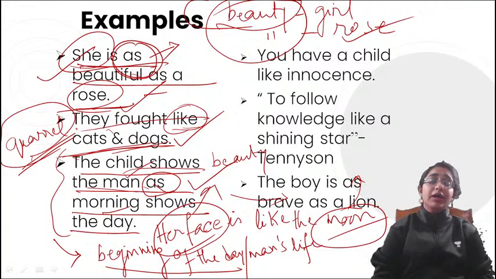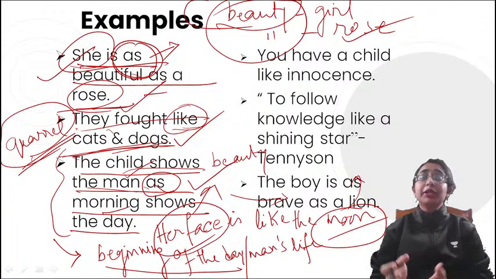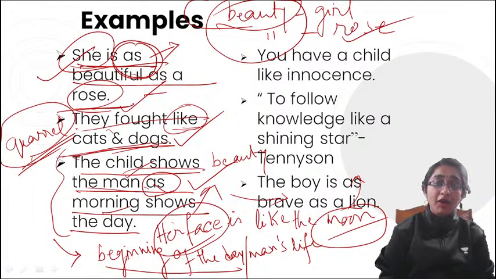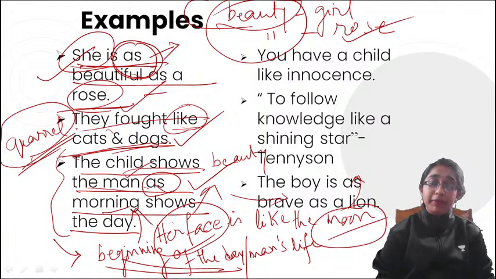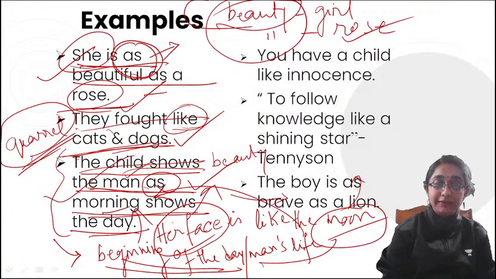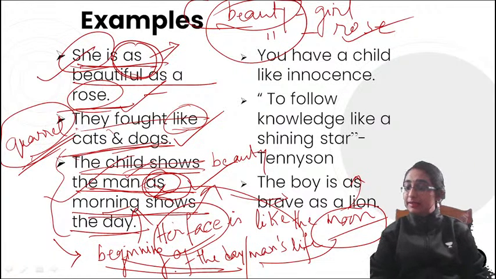So the child shows how a man will be. That is the point of comparison. The beginning of the day is morning, and the beginning of a man's life is childhood. So the child shows the man as morning shows the day. Now the word as is used as a clear-cut comparison.